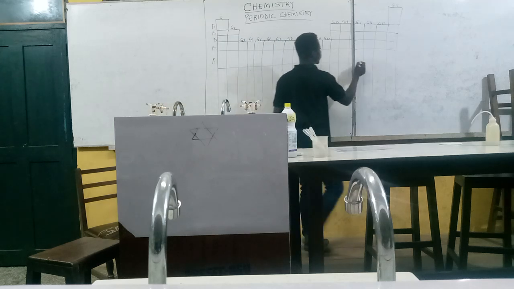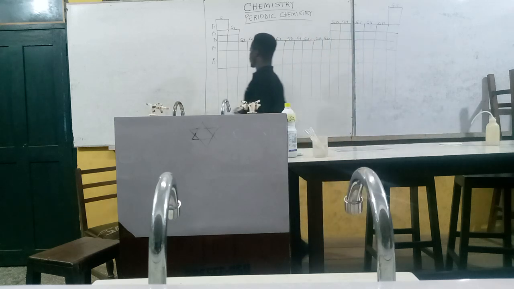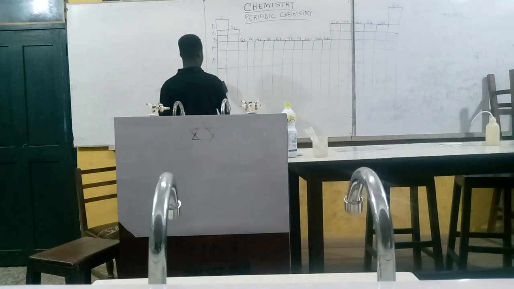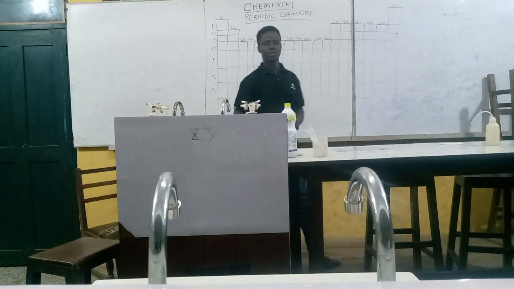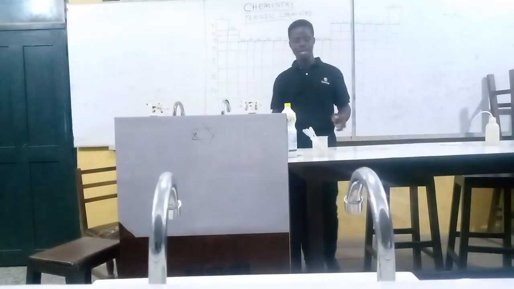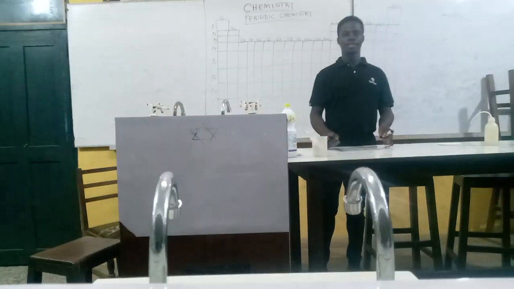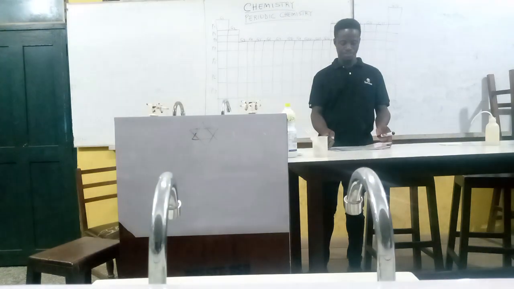So this becomes our period 4. So we have period 4, period 5, period 6, and period 7. So it's up to 7 periods. So basically, we have 18 groups and 7 periods.